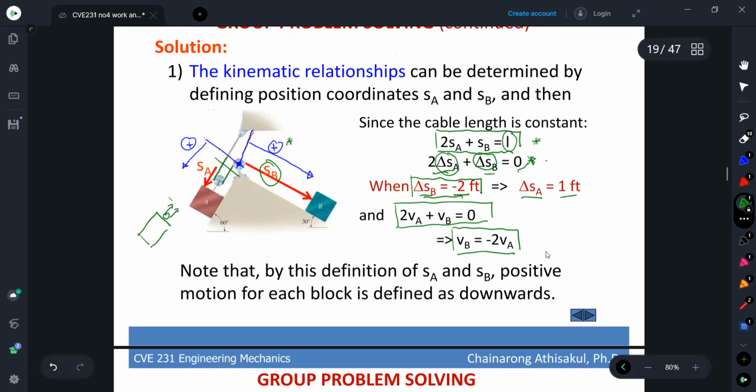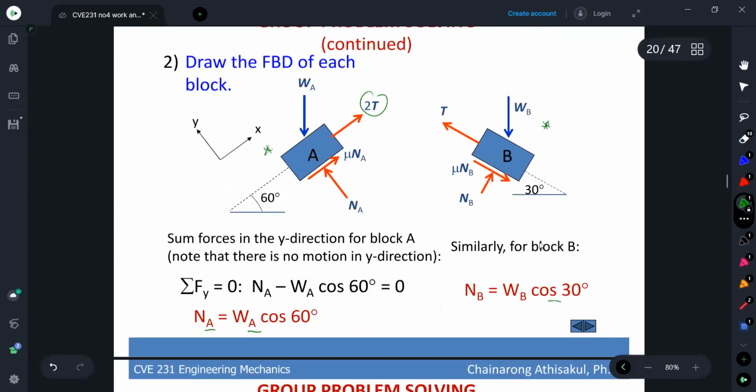According to this line, we have mg sine theta.